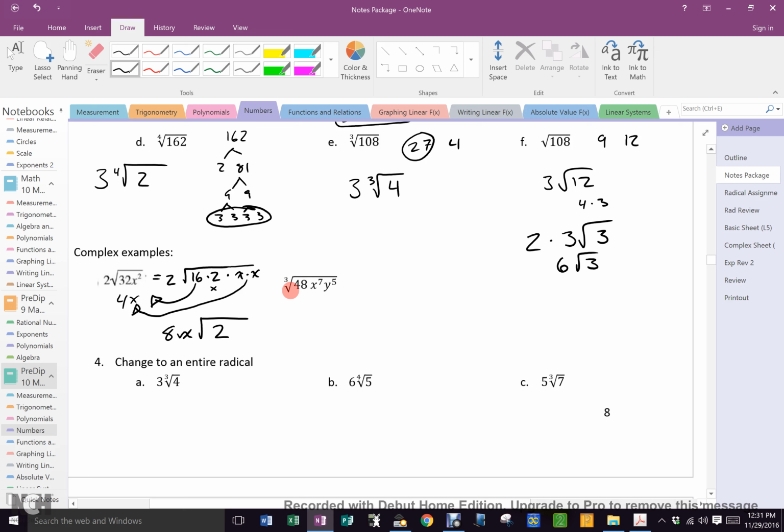Look at your list of cubes. 8 and 6, right? So isn't this the cube root of 8 times 6, right?